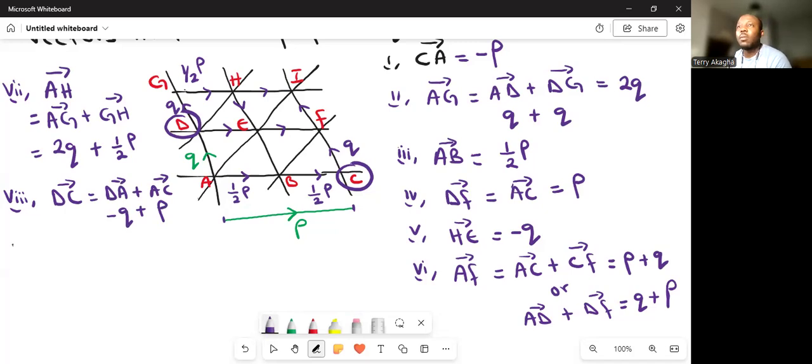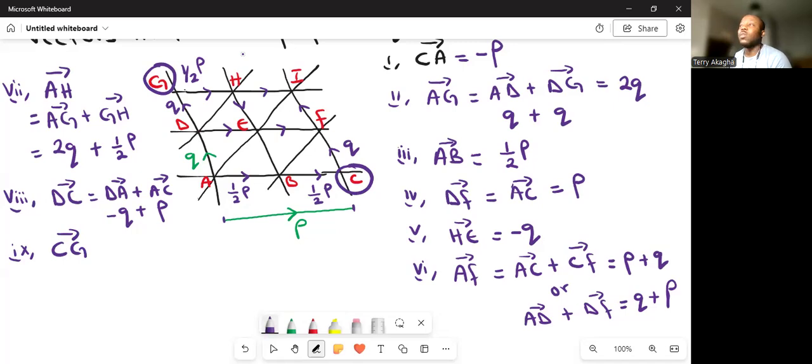Then the next one, number 9. Let's assume we're told to find CG. Okay, CG. So we want to start from C and end in what? G. Okay, so there are two ways. You can either go from C to A, then A to G, or you can go from C to I and I to G. Anyone you want, you can use.